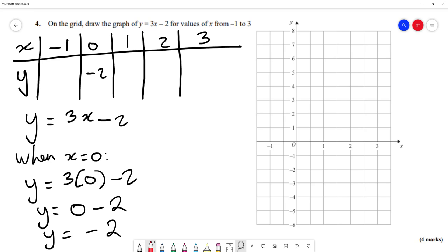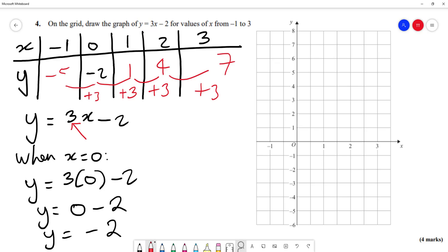Don't forget, we look at the value in front of x, that's positive 3. We're going to add this every time. So that gives me 1, then 1 plus 3 gives me 4, 4 plus 3 gives me 7. What do I add on to 3 to get -2? Well, that's going to be -5.